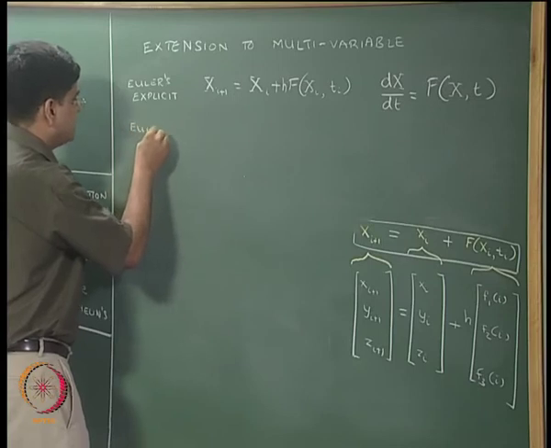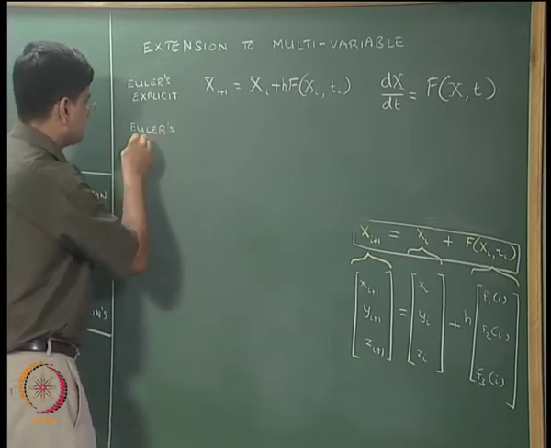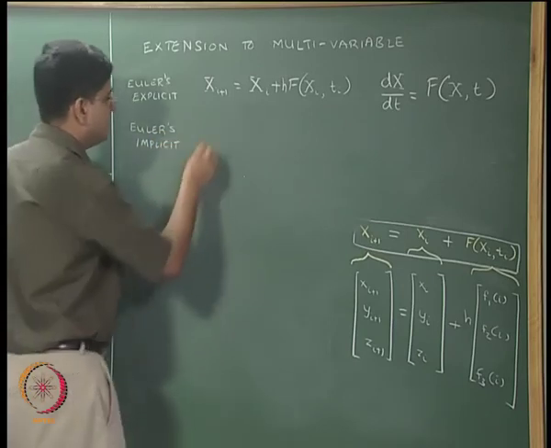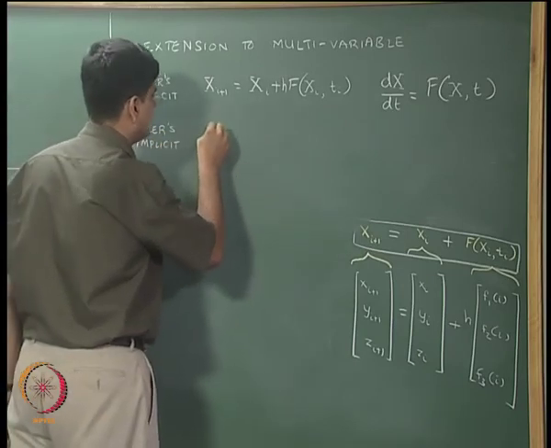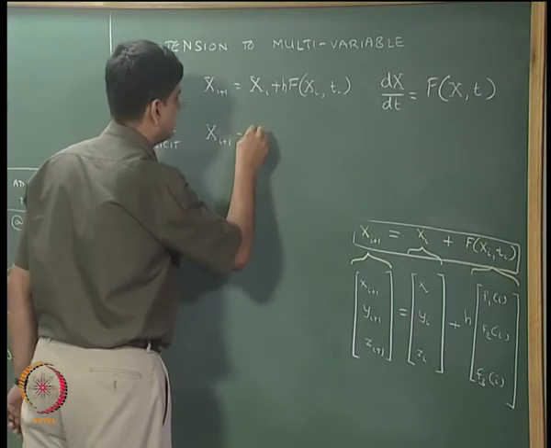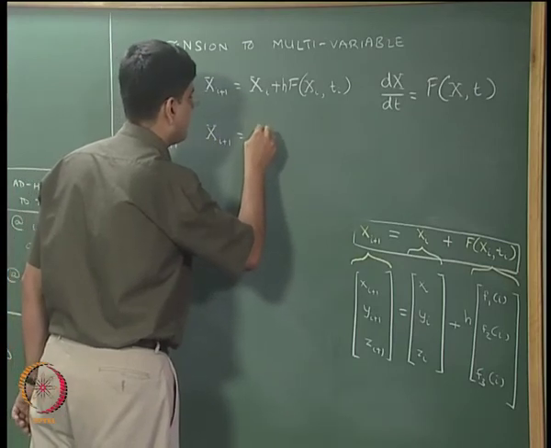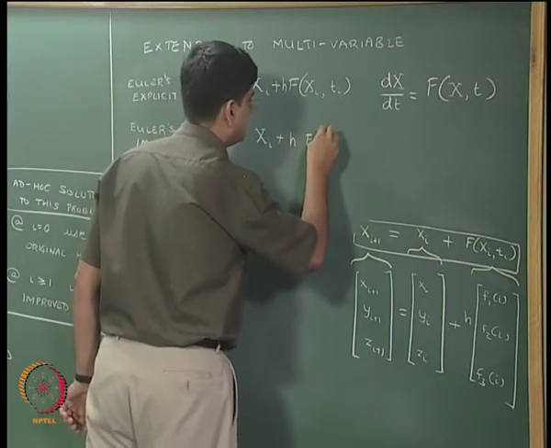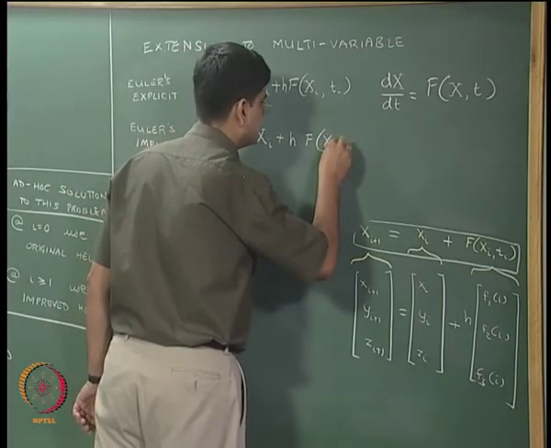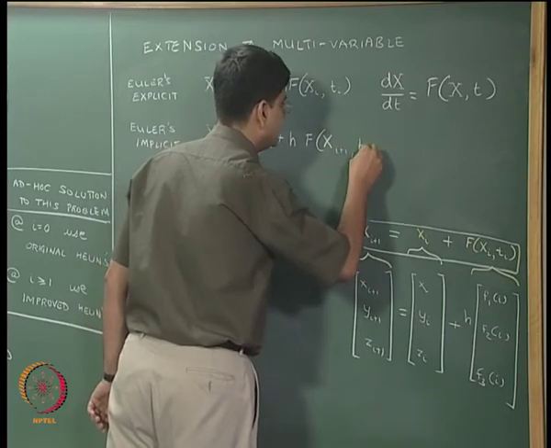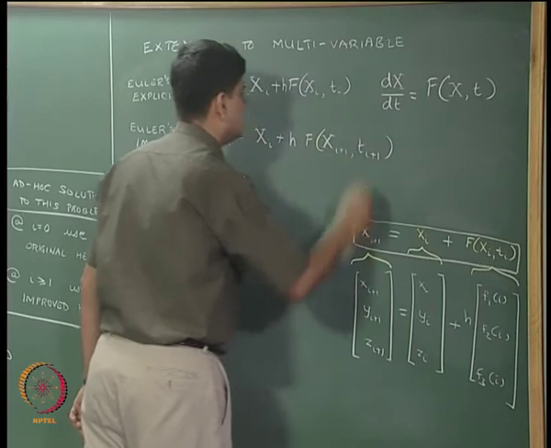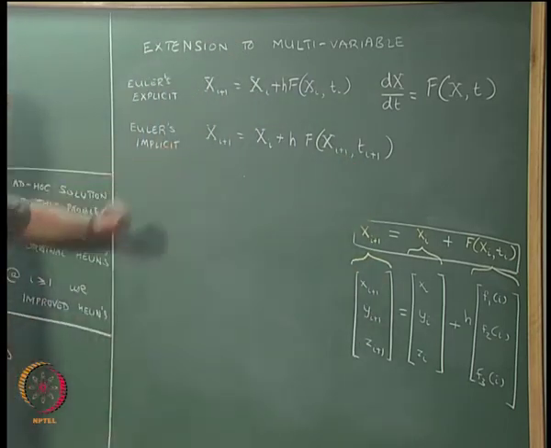Euler's implicit will be x I plus 1 equal to x I plus h multiplied by f of x I plus 1 comma t I plus 1. This becomes the Euler's implicit method.